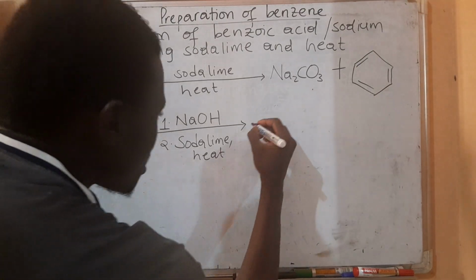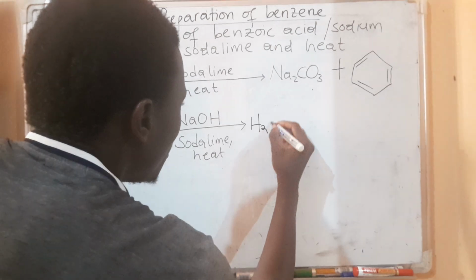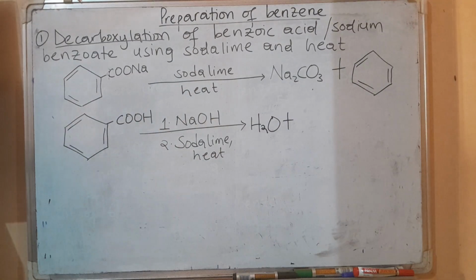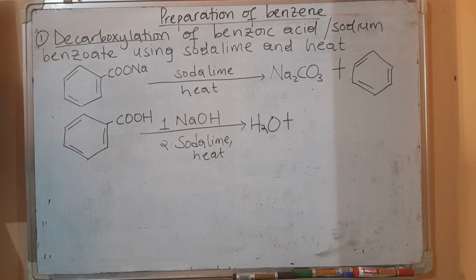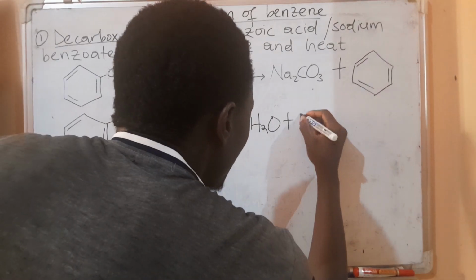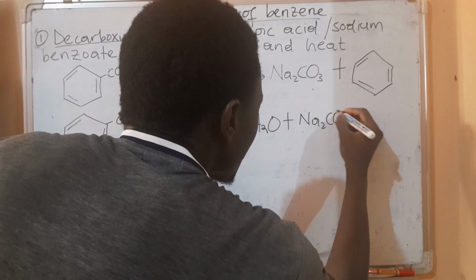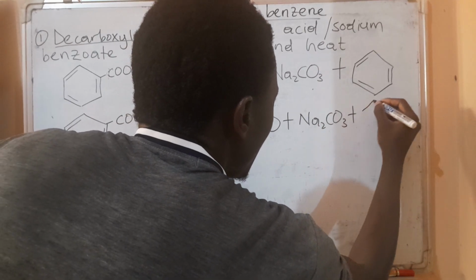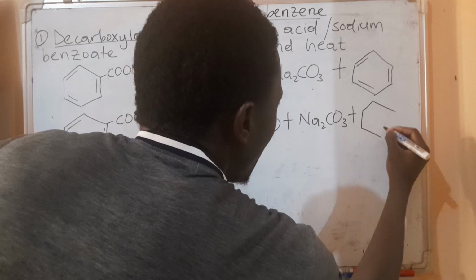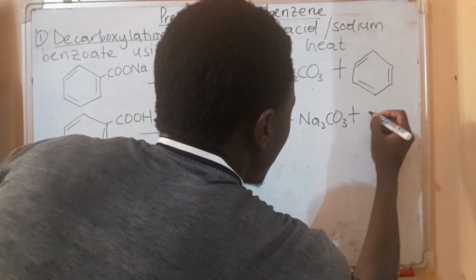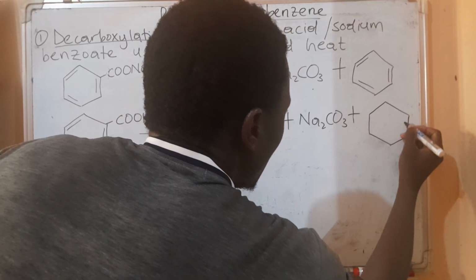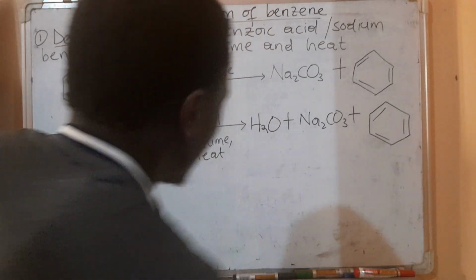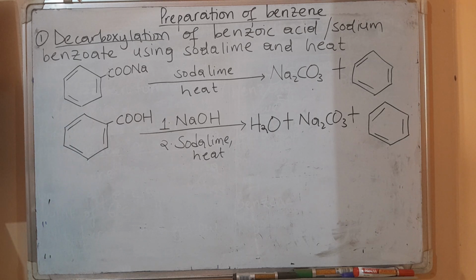As a result, among the products we have water, followed by these other products that are formed when soda lime on heating reacts with the sodium benzoate. So we shall have our sodium carbonate plus our benzene. So that is the first preparative technique.